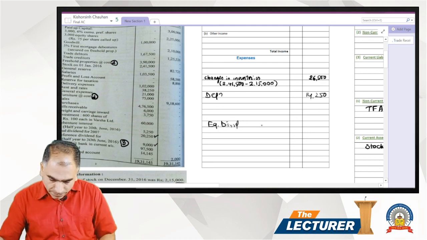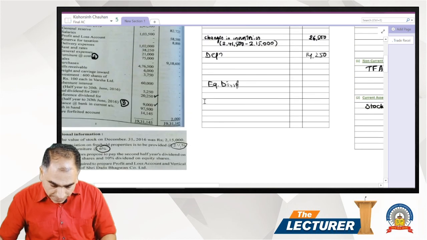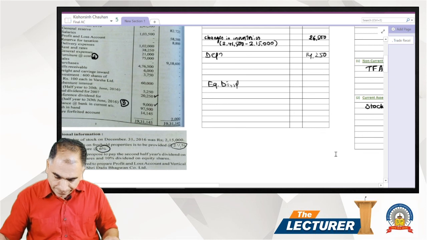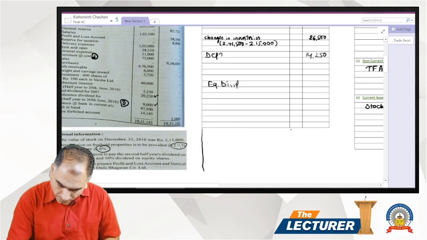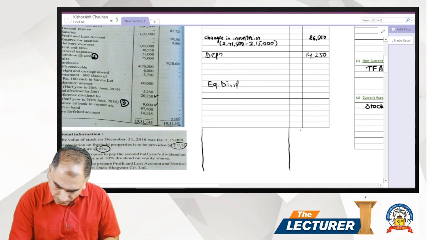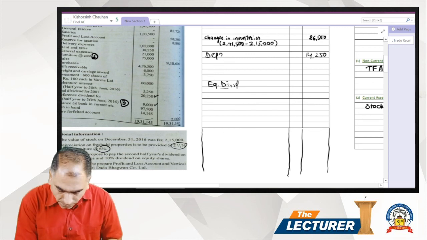We need more space, so we add some more space here. Final proposed.